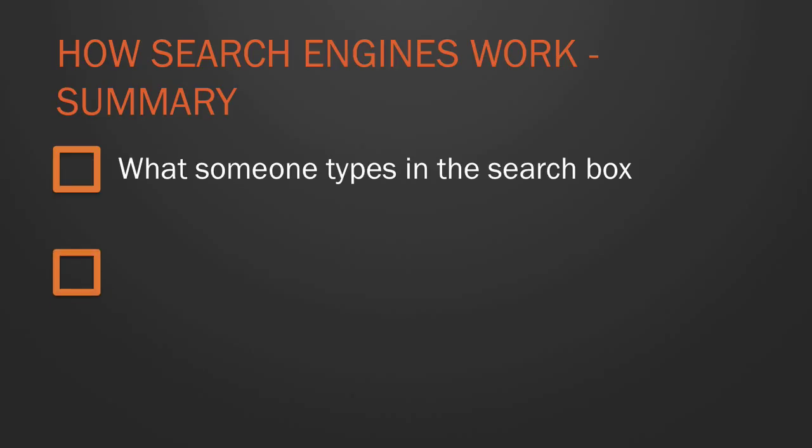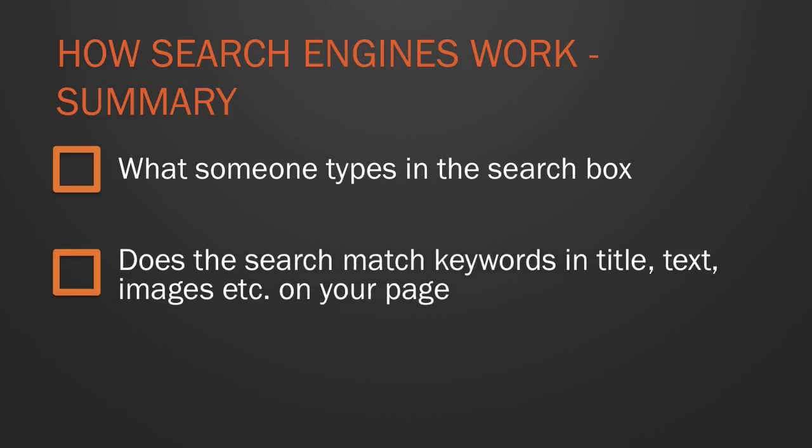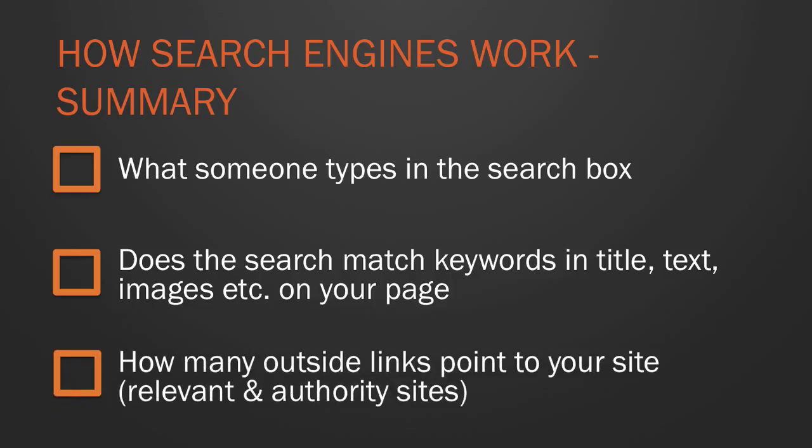The next very important thing then is that on our web pages, we are matching those keywords in really important places like the title and the text and the images, so that Google understands that our page is relevant to that person's search query. Of course, that won't be enough to get you to the top of the search results. The way they determine who gets to the top is really the amount of outside links that point to your site.